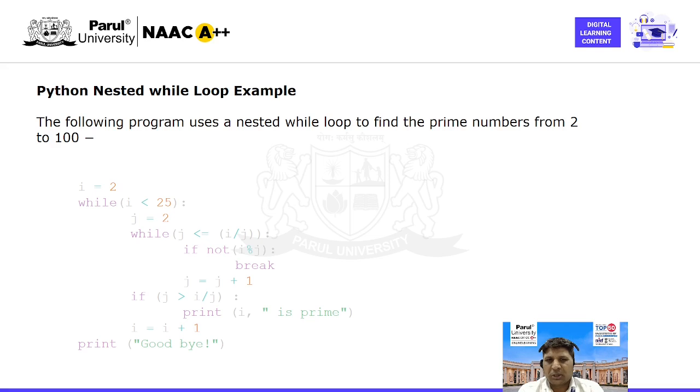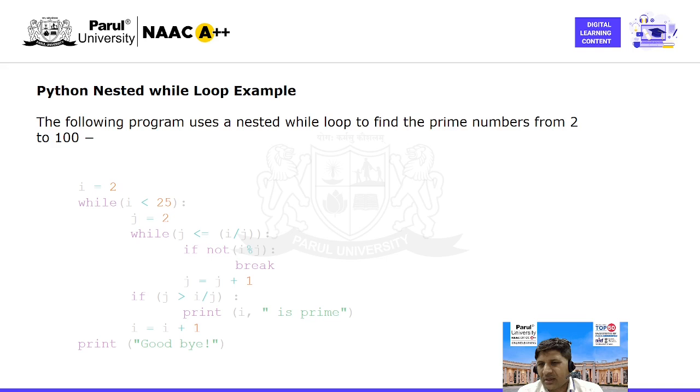We want to list out the prime numbers in the range from 2 to 100. What is a prime number? A prime number is a number which is only divisible by either 1 or itself. That's why we're taking numbers from 2 to 100.